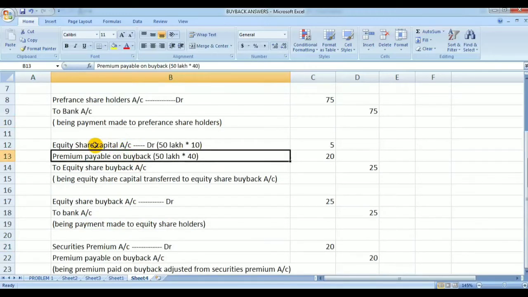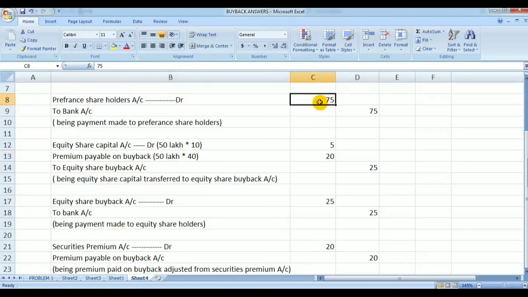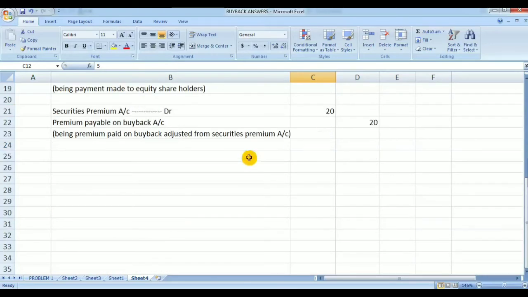Now we just need to make a reserve for the shares which we have bought back. How many shares have we bought back? We have bought 75 crores of preference shares and 5 crores of equity share capital. So in total we have bought 80 crores of capital. Hence we need to create a reserve of 80 crore rupees.